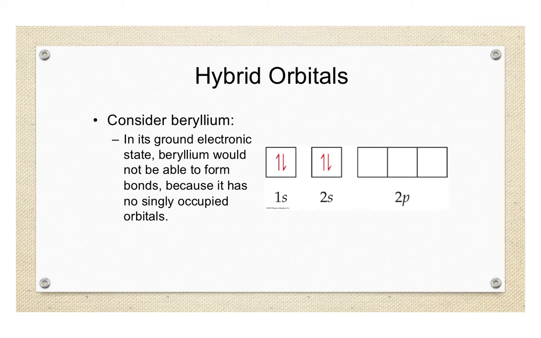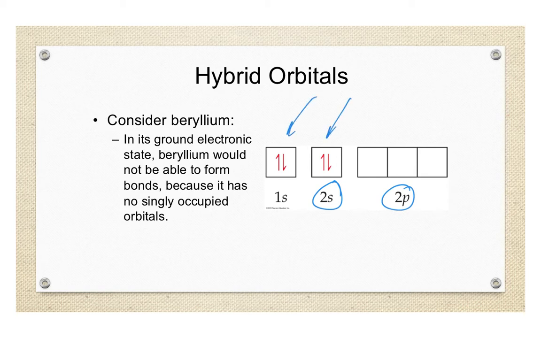All right, so sometimes in bonding, we end up with hybrid orbitals. Hybrid orbitals occur when we take orbitals from one sublevel and mix them with another. Okay, if we think about beryllium, here's beryllium's electron configuration. In its ground state, beryllium would not be able to form bonds because there's no electron to share.